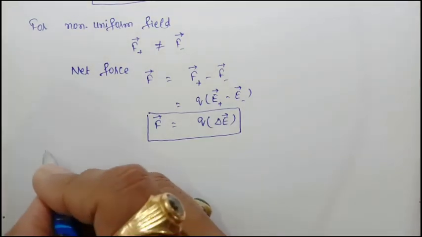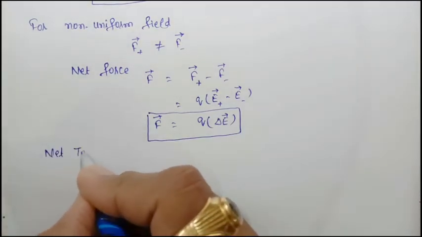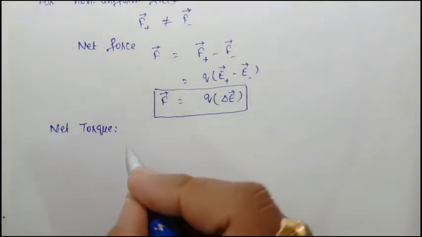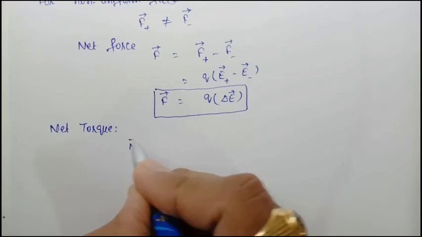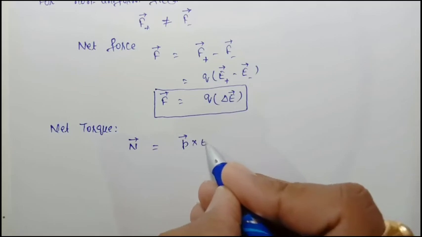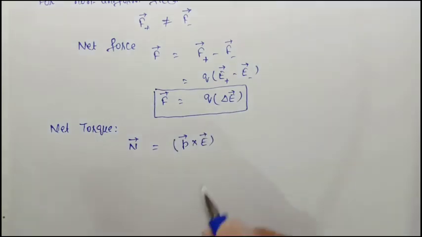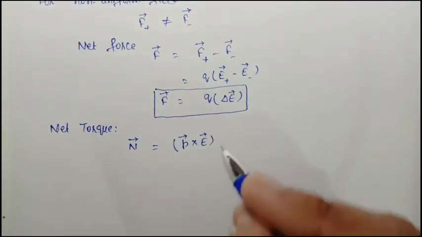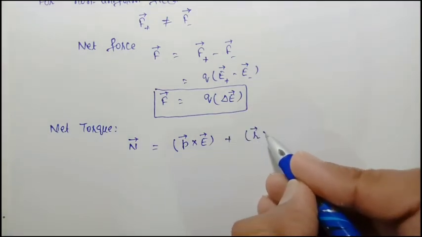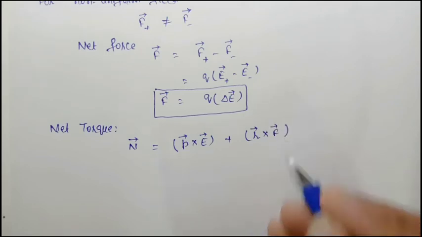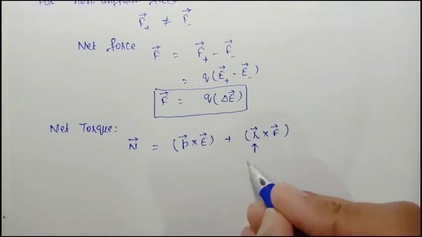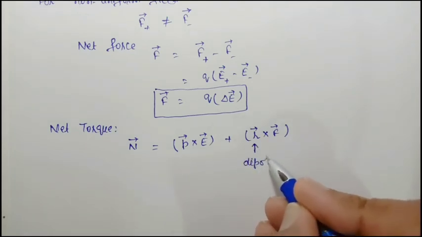And here the net torque is equal to N, that is P cross E, which is due to the uniform field, plus the term due to the non-uniform field, that is R cross F. Here R is the dipole length.